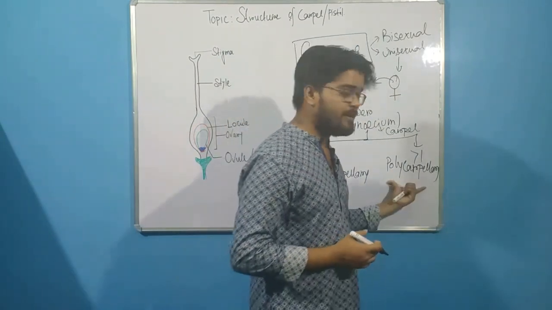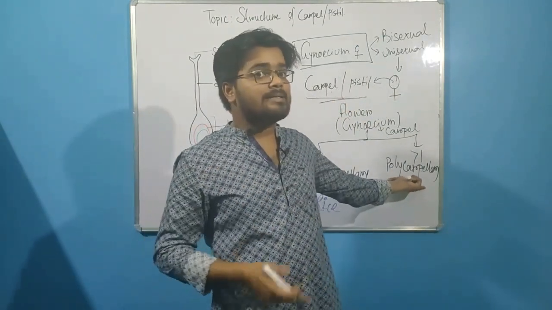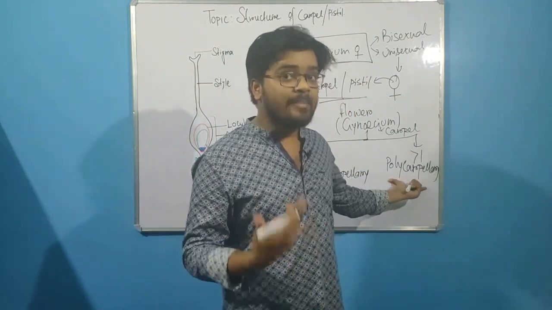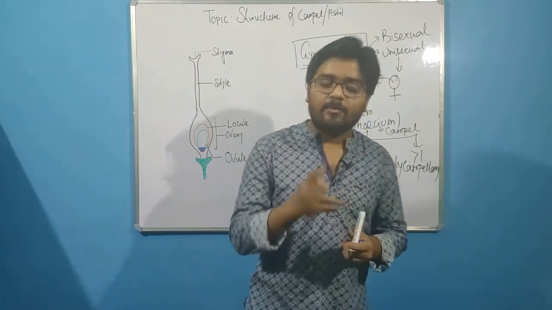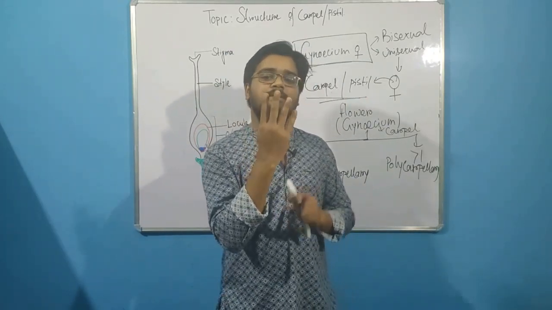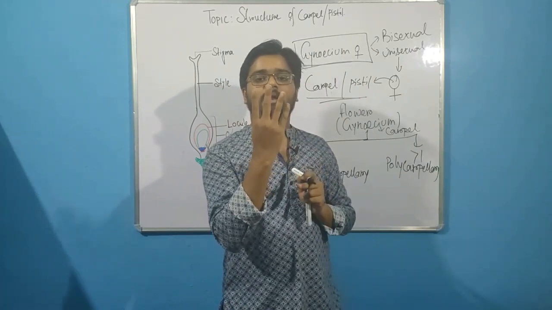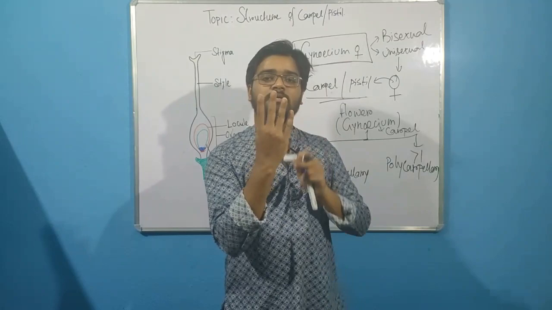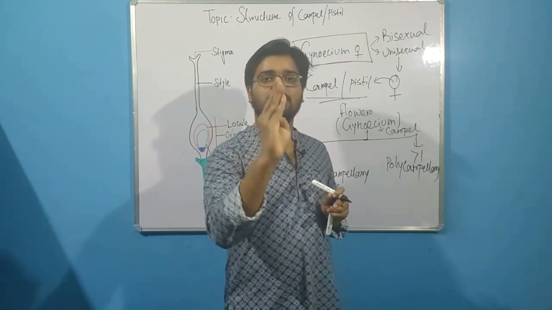Now in this polycarpellary, there is something different we have to know. Polycarpellary means the carpel number is single or many? Yes, many. Suppose my fingers are carpels, each one is a carpel. Now these carpels can be free, not touching each other, or they can be fused like this.